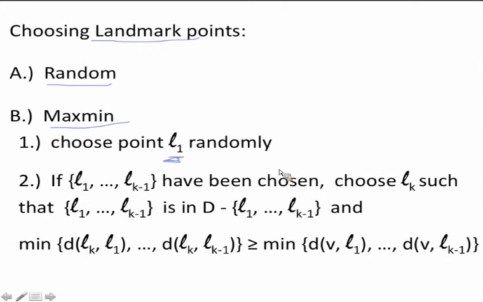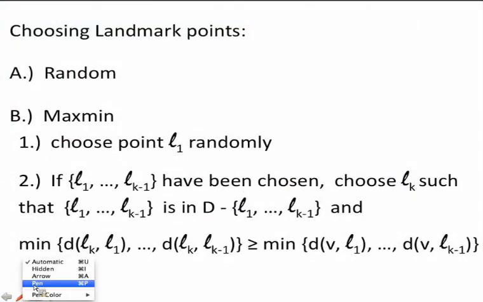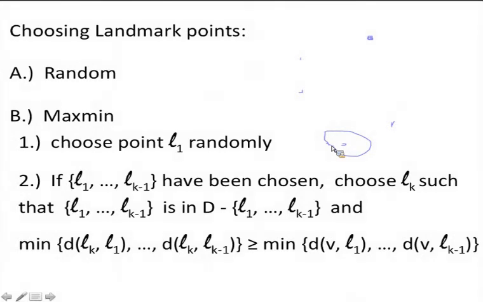So do I have an example? I don't have the definition, so let me go ahead and put a few. So we might choose these points here, and then maybe I have lots of other points out here. What we do is we choose the furthest point away. That also means that if your data has any outliers, that outlier might get chosen. It could easily, so this will bias you towards choosing outliers.